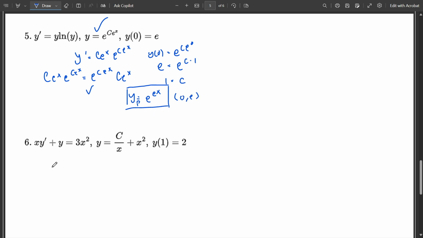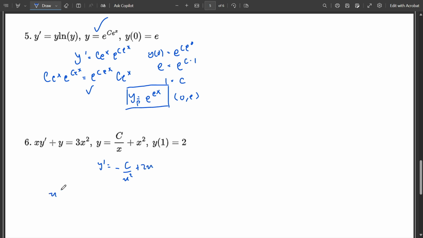And next we have xy prime plus y equals 3x squared, y equals c over x plus x squared, and y of 1 equals 2. We have first order, so y prime equals negative, the derivative of this is negative c over x squared, plus 2x.